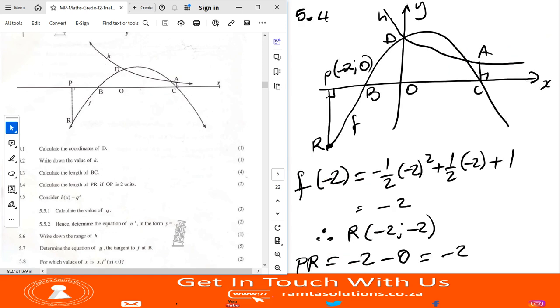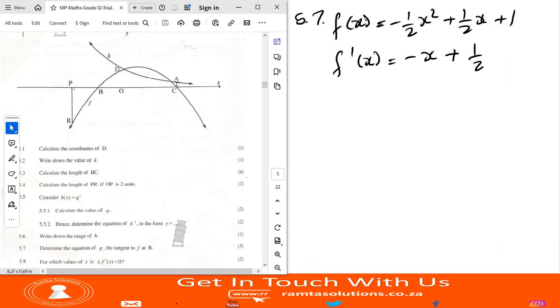So we're looking at gradient at a point. So gradient at this point will be f prime of minus 1. So what is this? Minus 1 plus half. This is minus half.